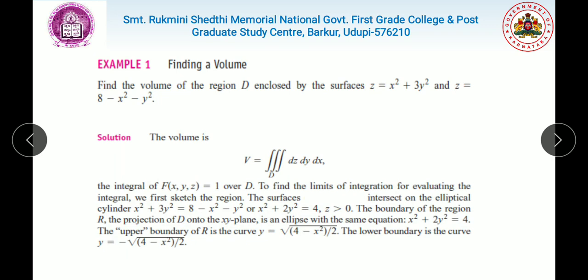The boundary of the region R, that is the projection of D onto the xy plane, is an ellipse with the same equation x square plus 2y square equal to 4. When I solve this equation of ellipse for y, I'll get the lower and upper limits for y, given by y equal to plus square root of (4 minus x square) by 2 and y equal to minus square root of (4 minus x square) by 2.